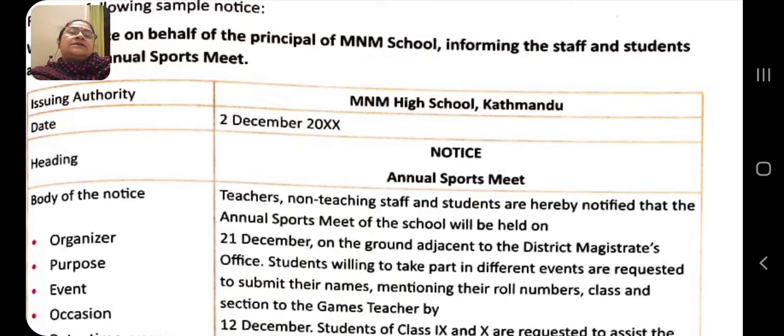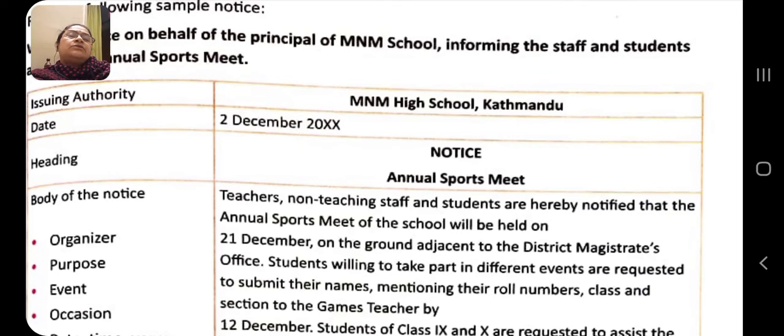Then on the left hand side will be the date. The date should be written the way it is shown. Then the heading: first in capital letters you have to write NOTICE. Then comes the heading, annual sports meet.